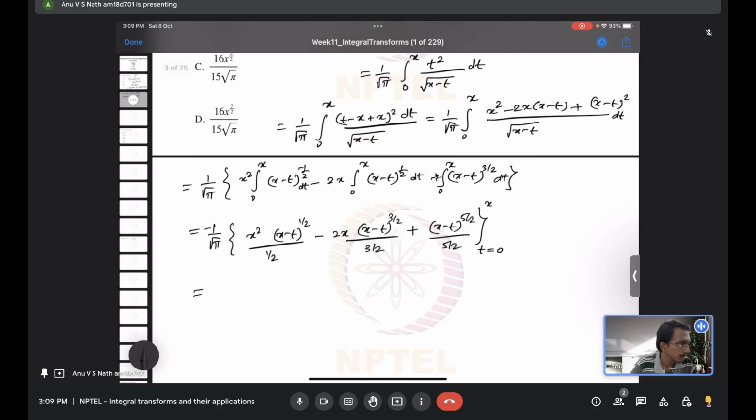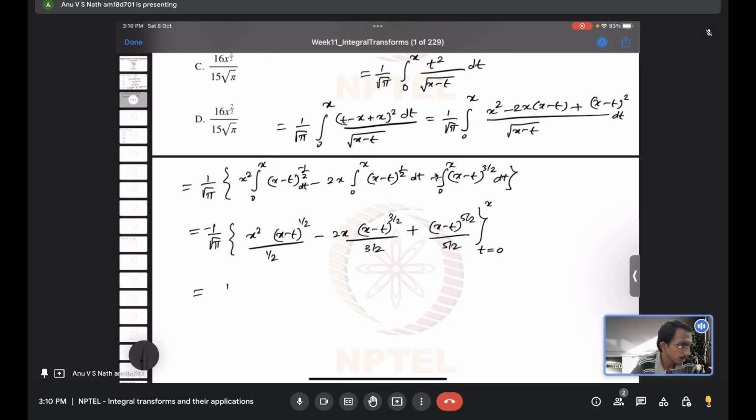So now if you notice, if we apply the upper limit, which is t equal to x, all the terms inside the curly brackets will become 0, and then we have to subtract the value at the lower limit, which is t equal to 0.